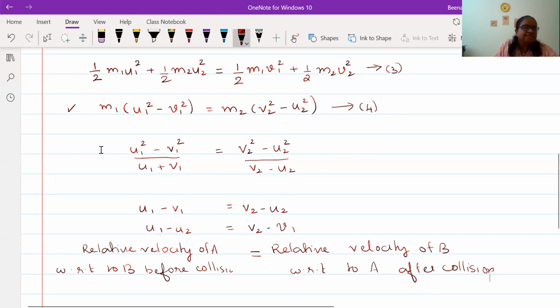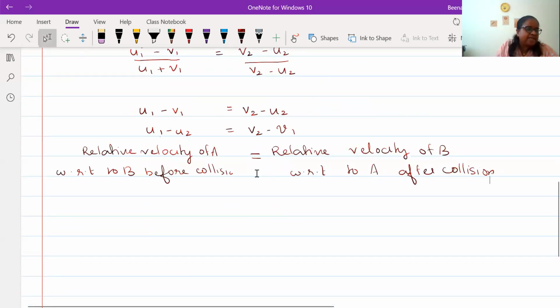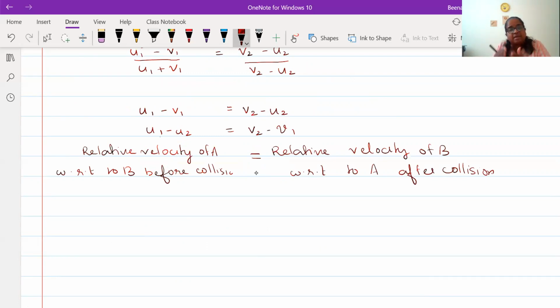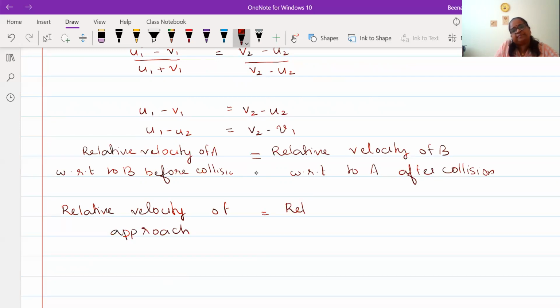Or else, I can put it this way: the relative velocity of approach, the relative velocity when these particles are coming together, is equal to the relative velocity of separation.